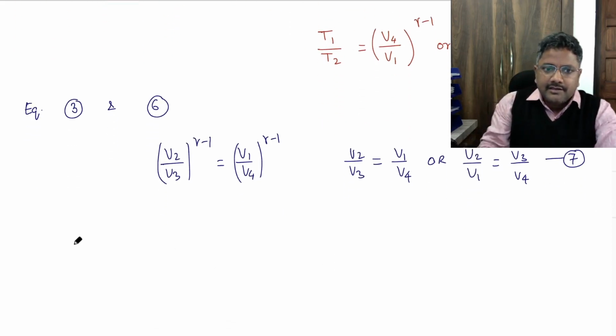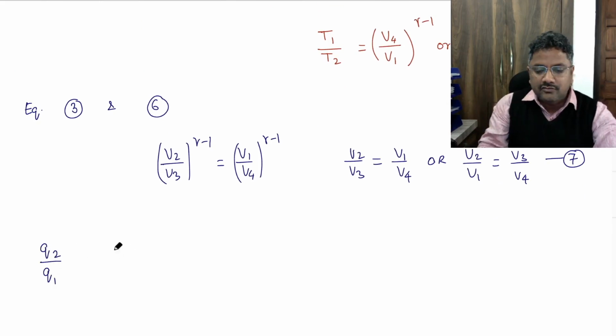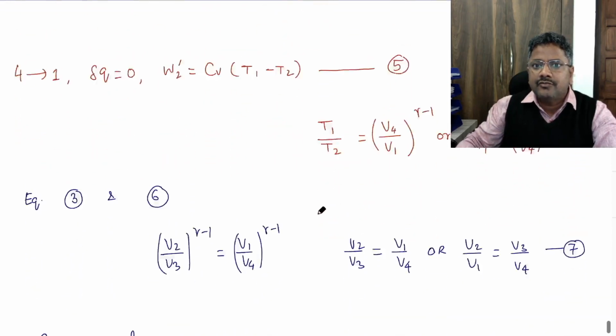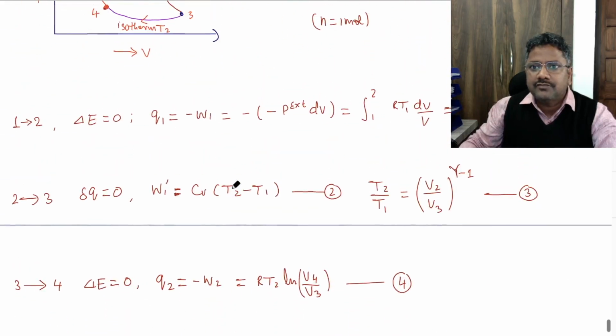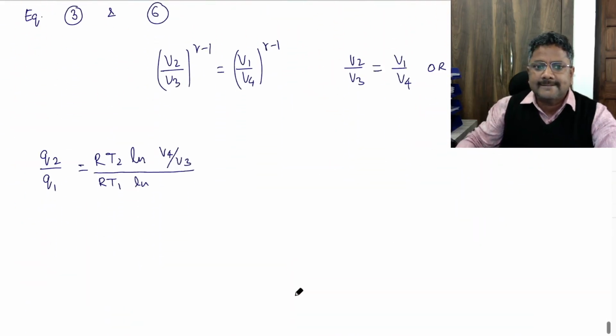Now see, if we want to calculate Q2 by Q1, so Q2 by Q1 is equal to RT2 ln V4 by V3 divided by RT1 ln V2 by V1, the first equation, V2 by V1, right?